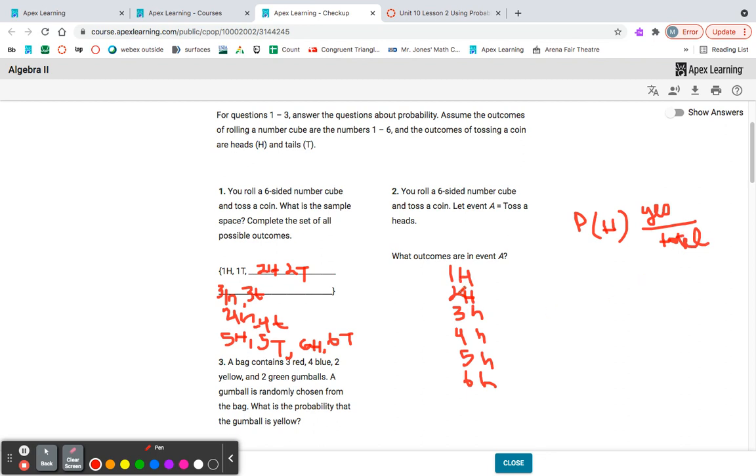So in this case, we've got 1, 2, 3, 4, 5, 6 things that we wanted, right? The heads out of 1, 2, 3, 4, 5, 6, 7, 8, 9, 10, 11, 12. Out of 12 things, okay? So 6 out of 12 or 1/2 or 0.5. The probability is 0.5.